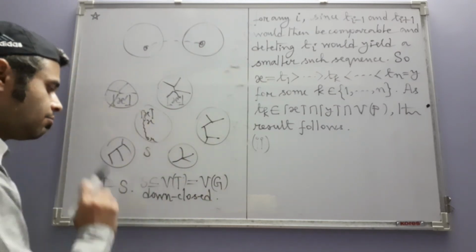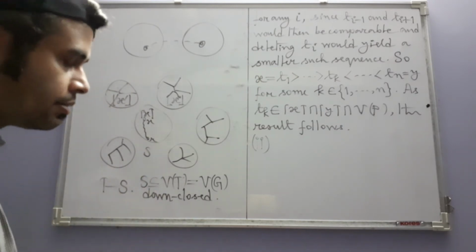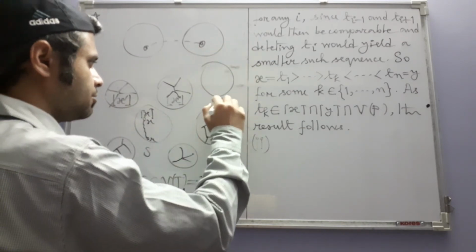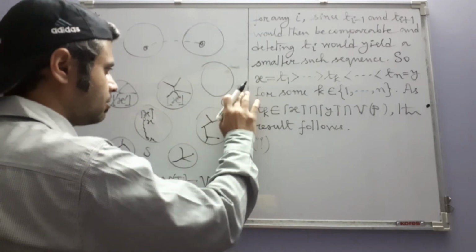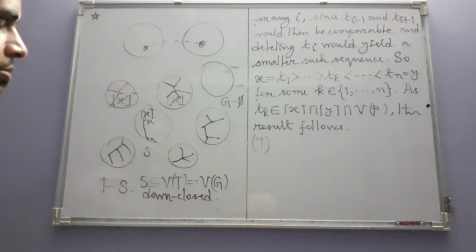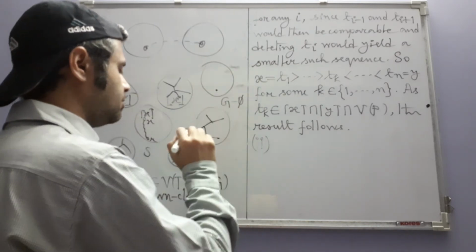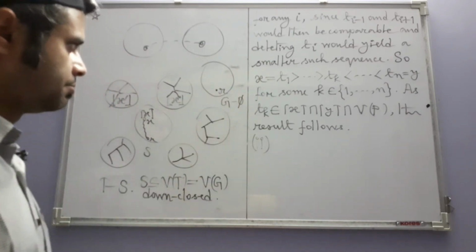So we have only one component if S is empty, which is G itself. So this is our G minus S, and in it you have a minimal vertex which is the root itself.